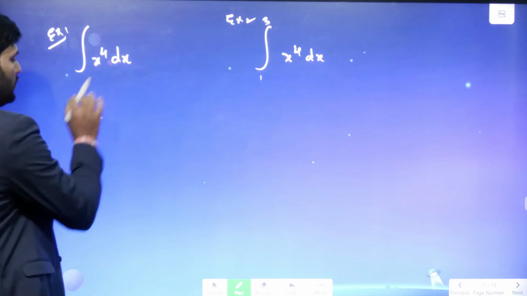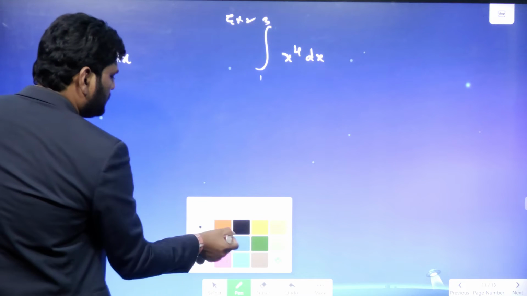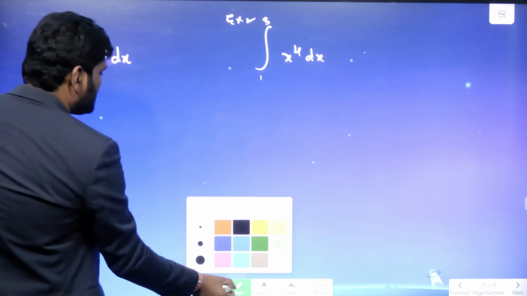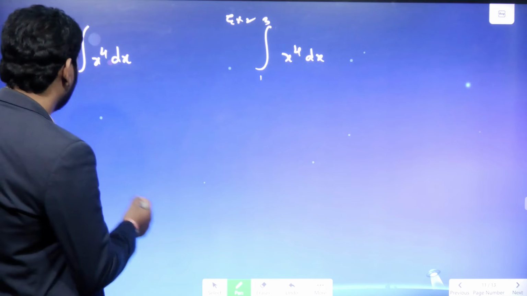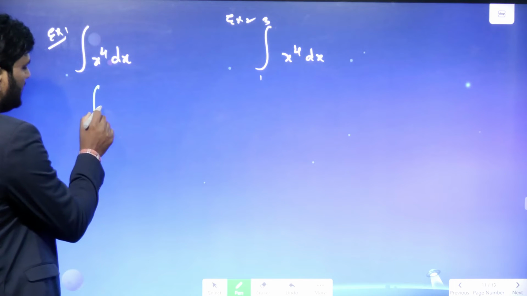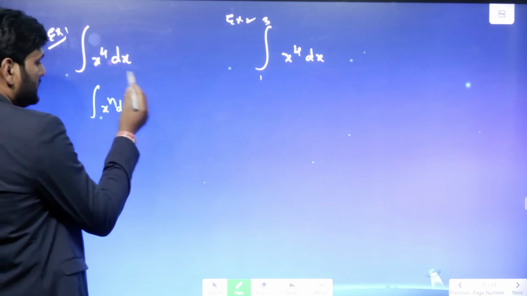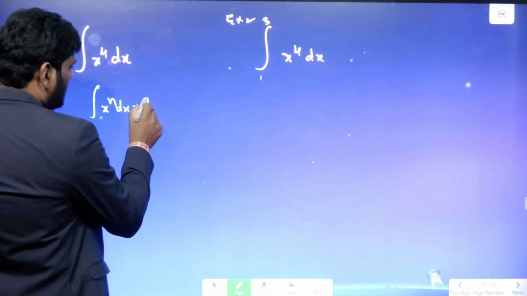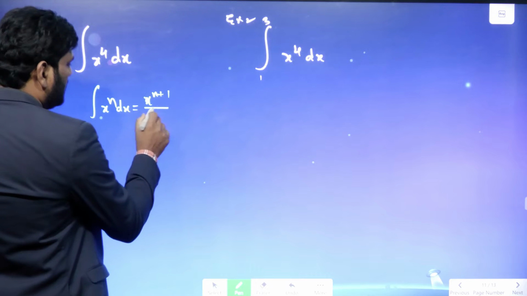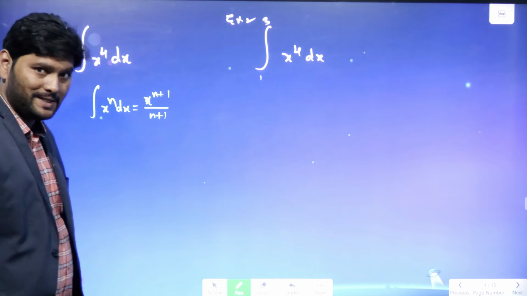Now when you are doing this integration, you have to use the basic formula. The basic formula is integral x power n dx, and the value is x power n plus 1 by n plus 1, isn't it?